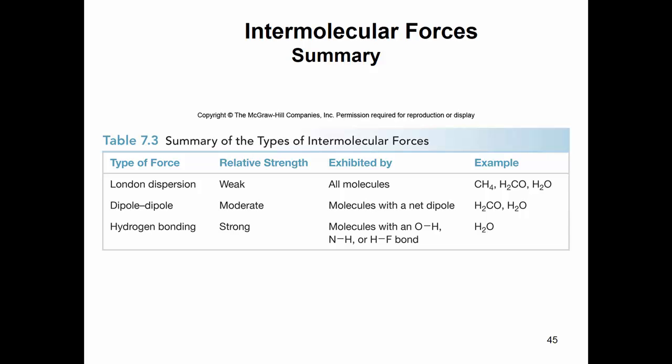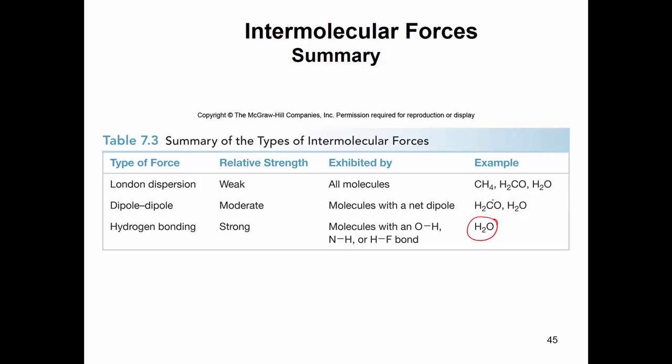One last thing that I really want to point out is that water has hydrogen bonding interactions, but it also is going to have dipole-dipole and London, right? All molecules have London interactions. So if it has hydrogen bonding, it also has dipole-dipole and London.